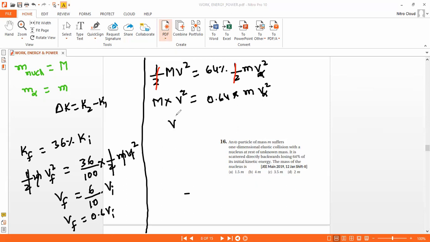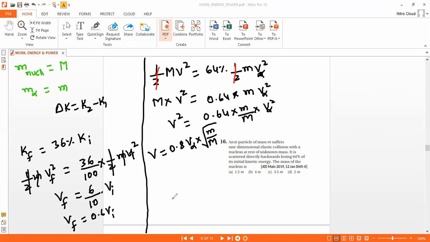So V square equals 0.64 times small m by capital M times V alpha square. So the velocity of the nucleus is V equal to 0.8 V alpha into under root small m by capital M.